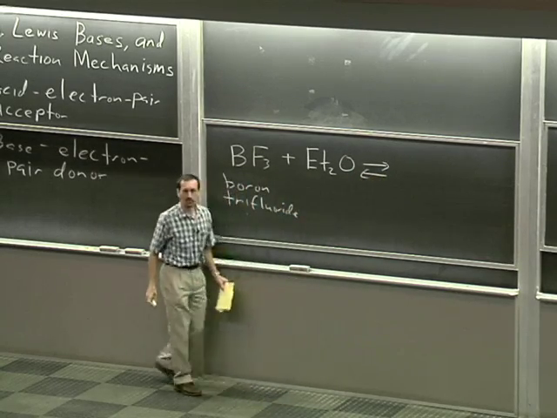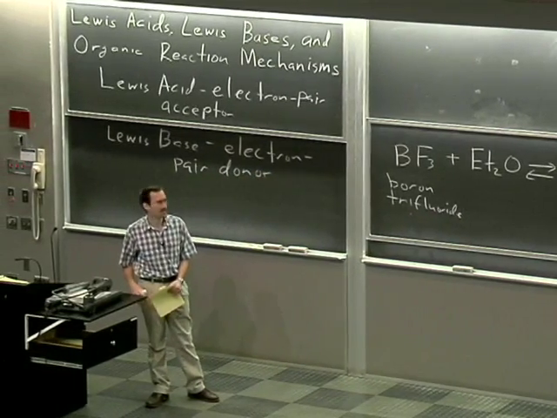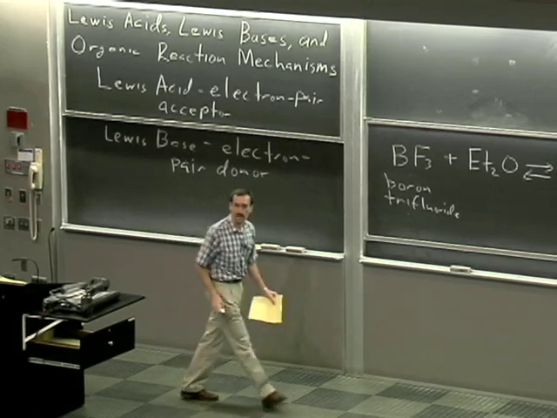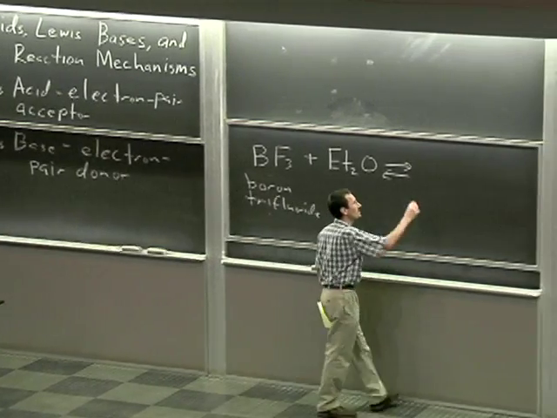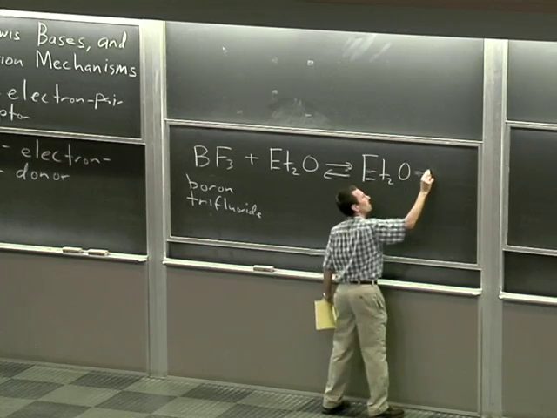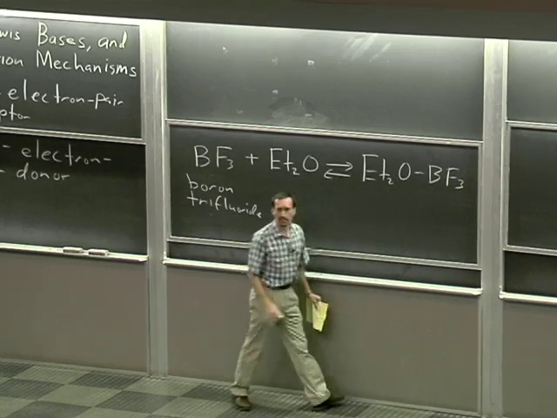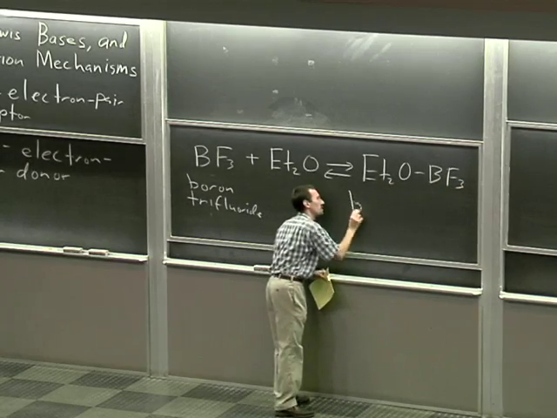They react to form a complex called boron trifluoride etherate, BF3-Et2O or Et2O-BF3. And I'll write out the name of this complex.